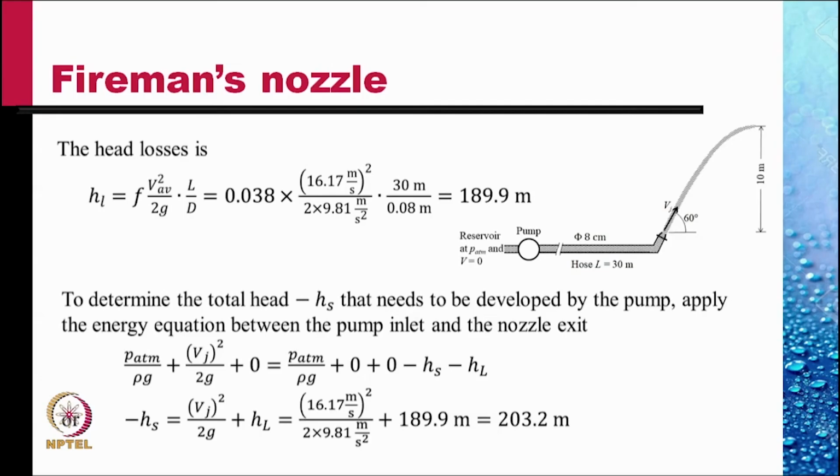So how do you reduce the velocity through the hose while keeping the jet velocity constant? By using a reduction nozzle at the pipe.